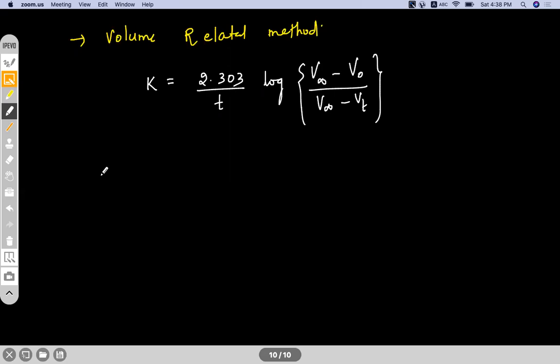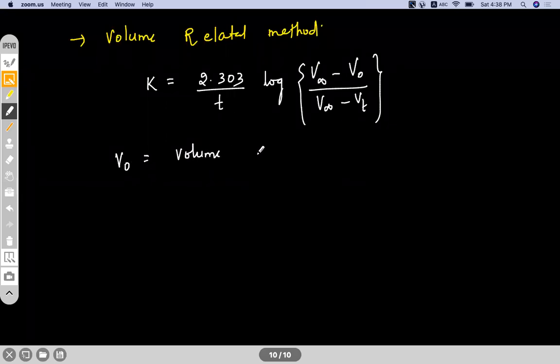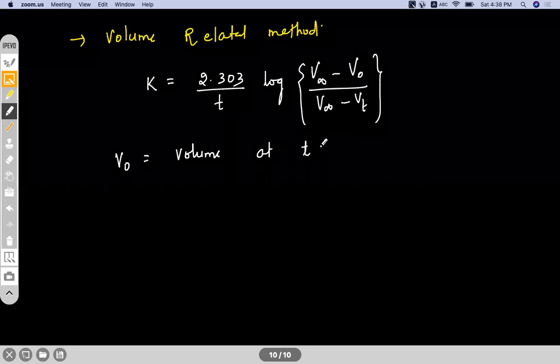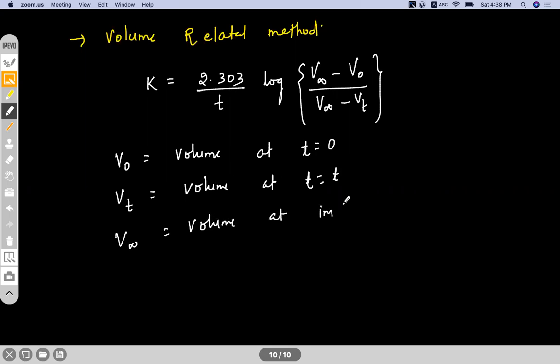Where V naught is the volume at time t equals 0, Vt is the volume at any time t, and V infinity is the volume at infinite time.